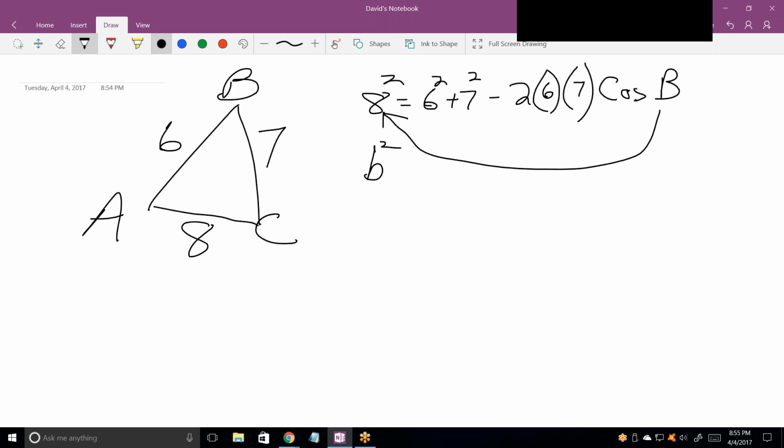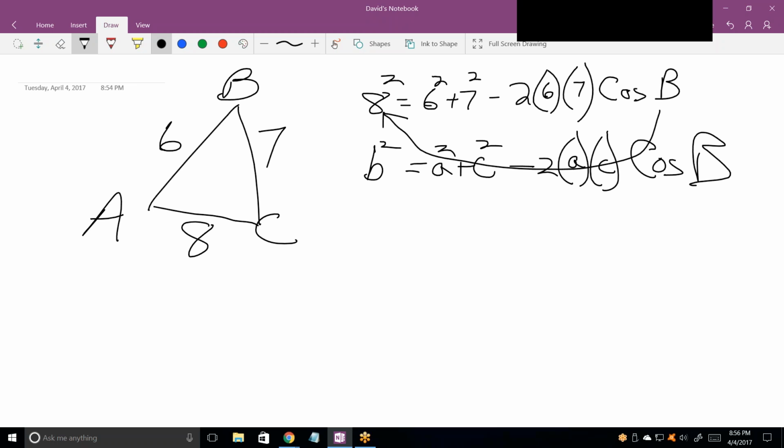So we did b squared equals a squared plus c squared. I had it backwards. It's always the other two variables, times 2 times a times c times the cosine of capital B. That's the general formula. Yeah, I understand.